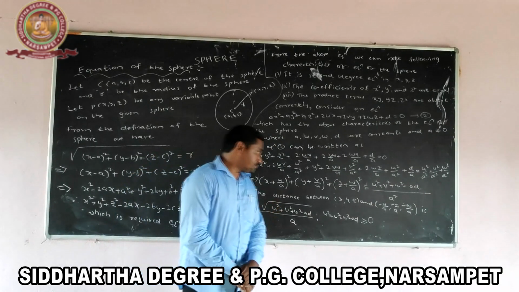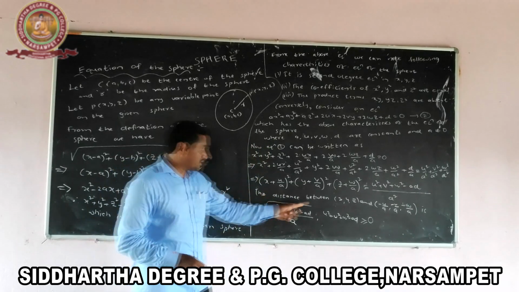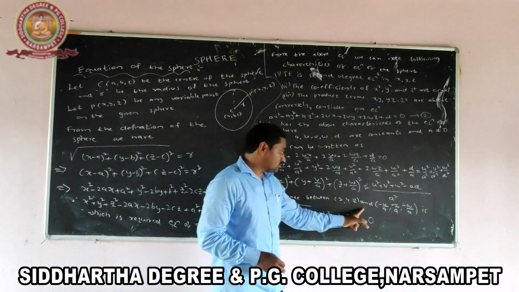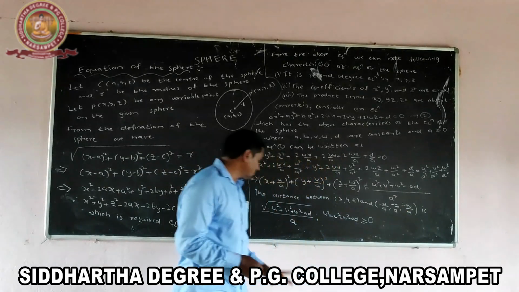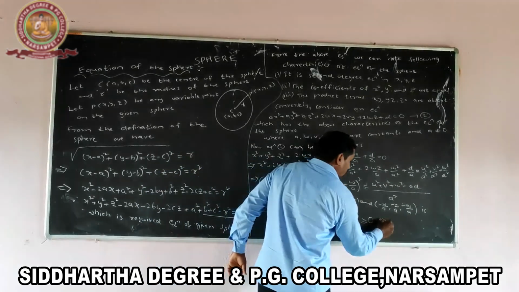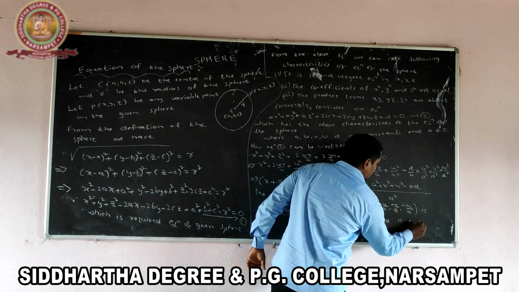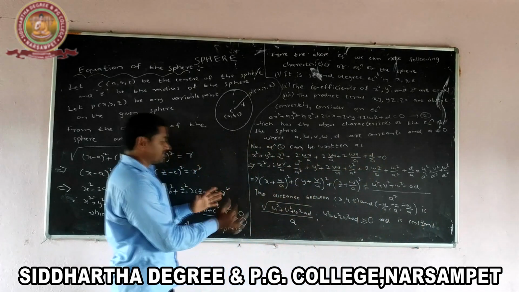So here it means the distance between the points x, y, z and minus u by a, minus v by a, minus w by a is a constant, some fixed value.